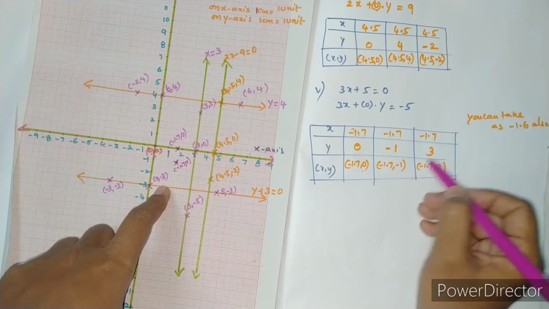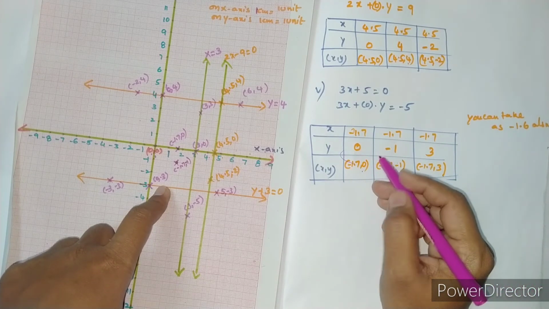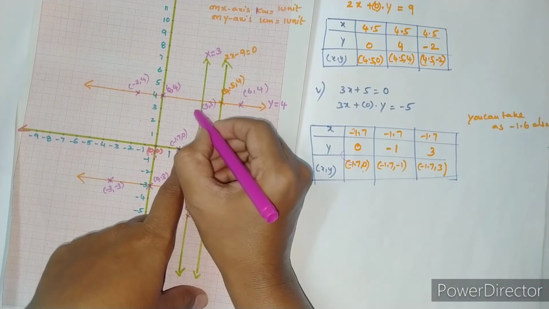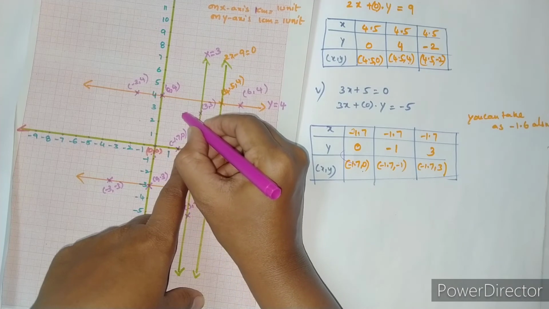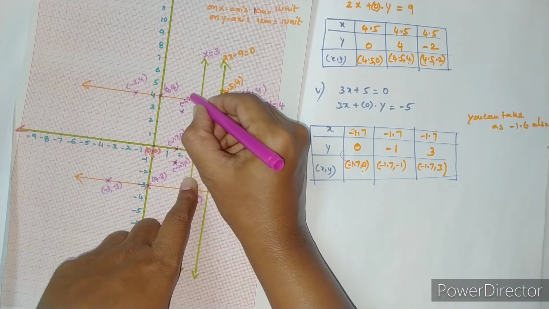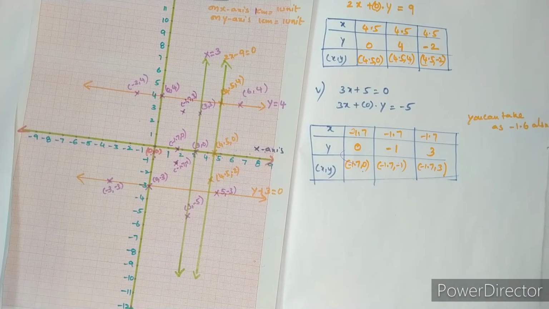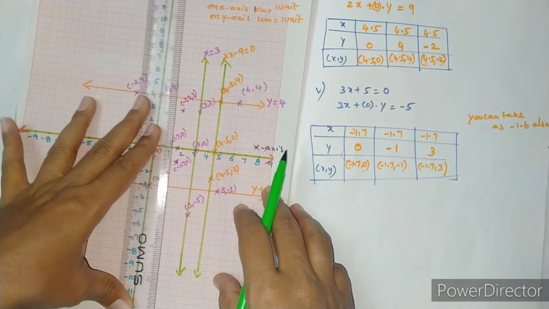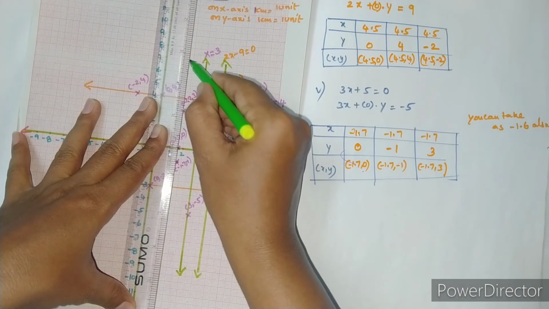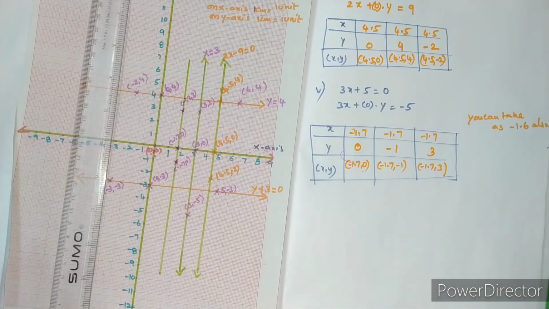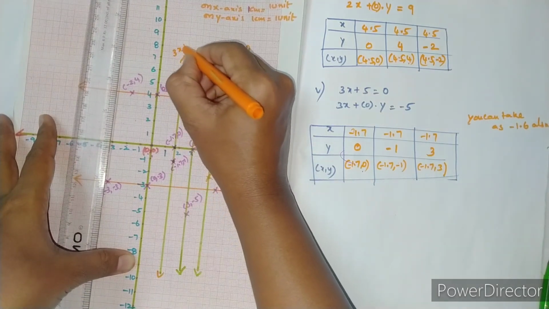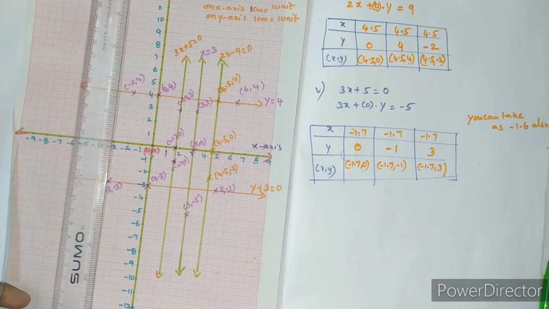You can take any y value. So x again minus 1.7, y 3. Minus 1.7 comma 3. Again join these 3 points with a line. So this is the graph of 3x plus 5 is equal to 0.